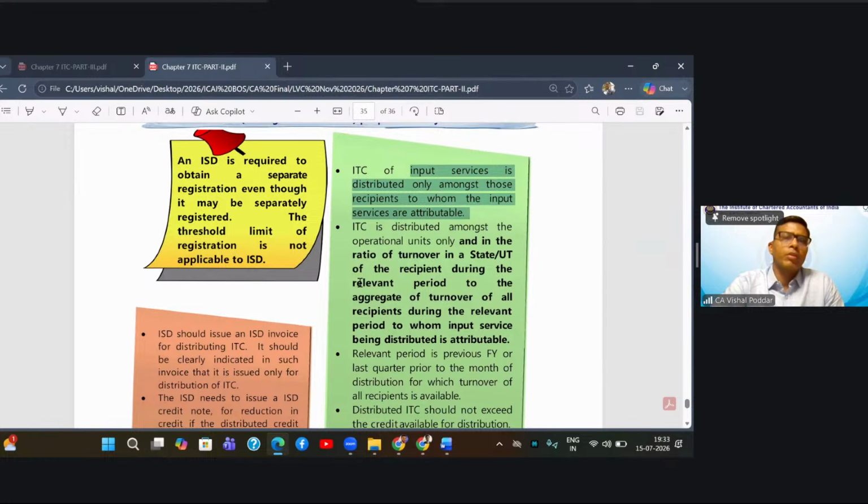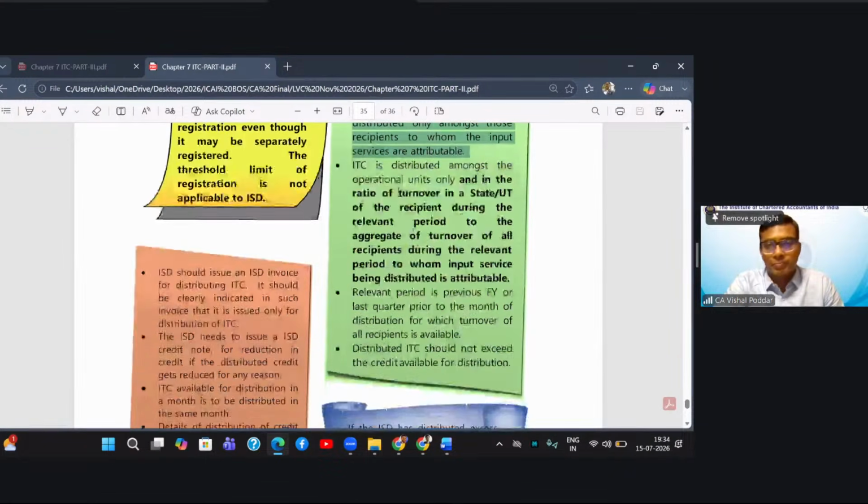Whatever GST is paid on this common expense, I will divide between all the units. Why? Because this SAP software is for the entire business, not for a few units. So using the same rule given in point one, I will distribute the ITC of this expense to all the units because all units are beneficiary units.